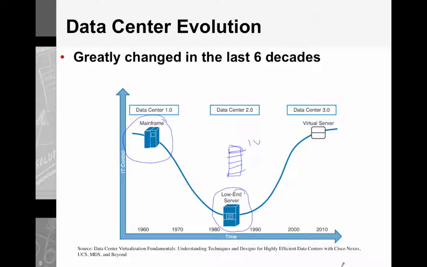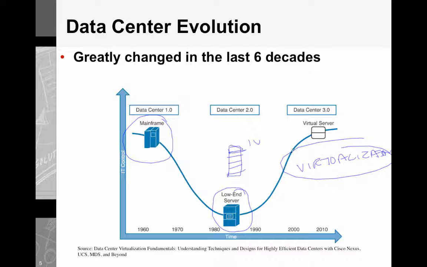And then with Moore's law, which basically says that every 18 months the capacity of hardware doubles, the computing capacity, storage capacity, and RAM capacity of these low-end servers became so good that we started using a technology called virtualization, which is the idea that you can have one physical server and many logical servers or virtual machines on top of that.